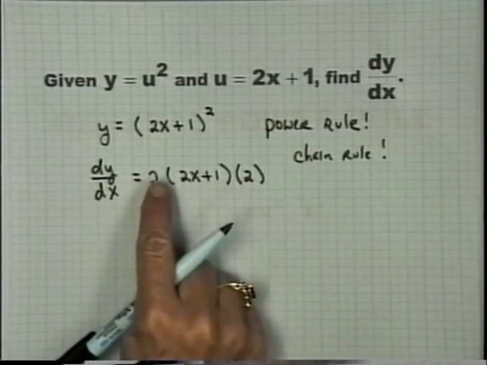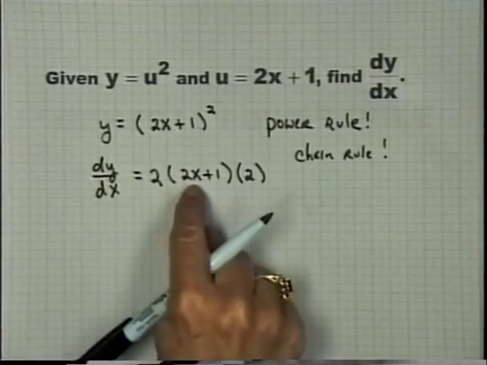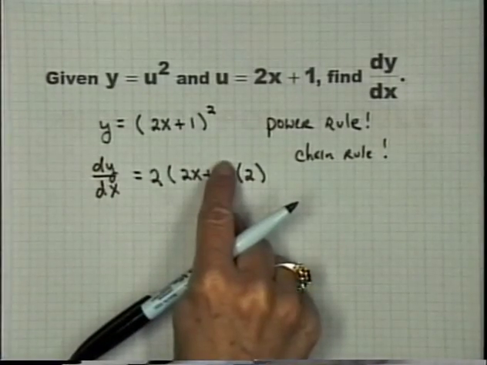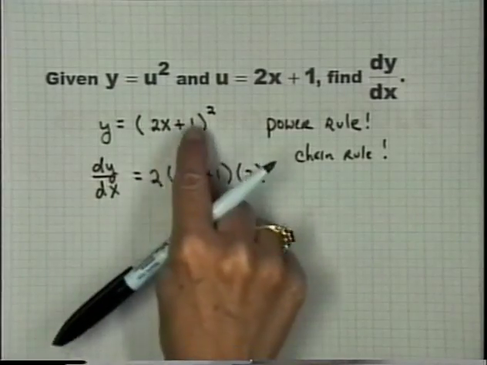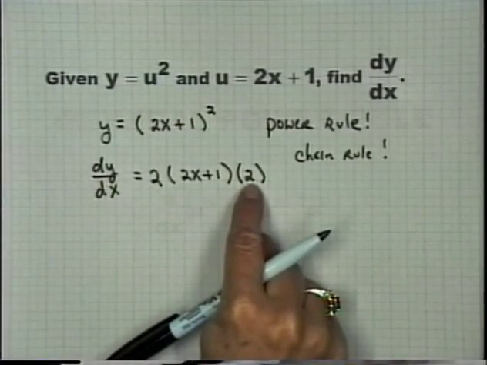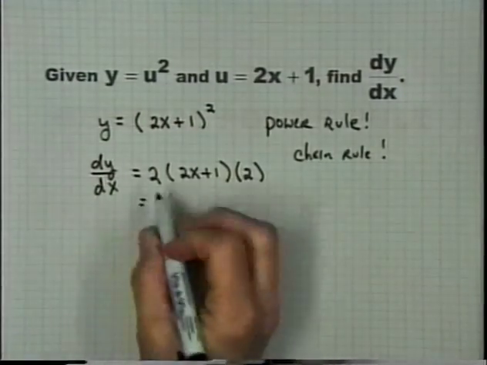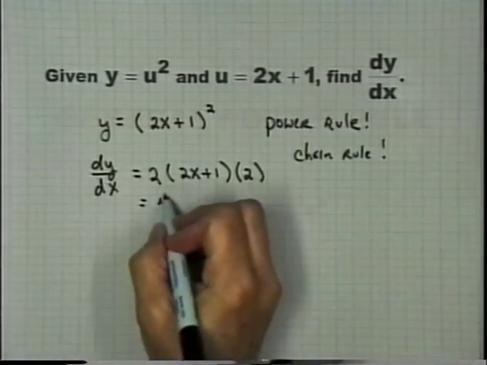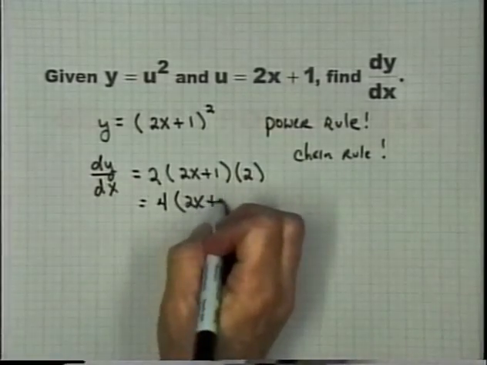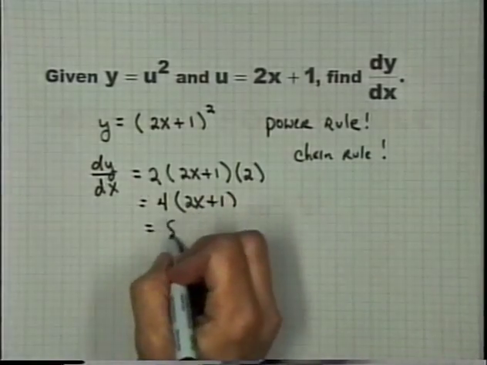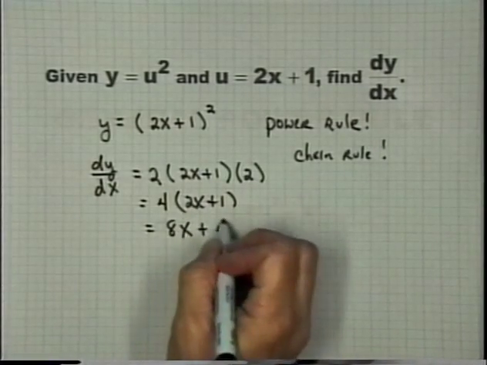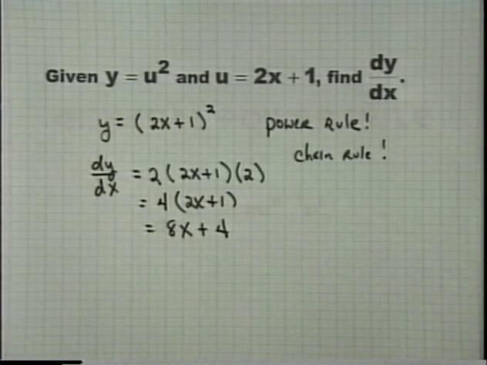So I did the power rule, the 2 came down, my function was reduced to power, and then I go inside and take the derivative of that inside function. Notice if we multiply this out, 2 times 2 is a 4, times the 2x plus 1 gives me the 8x plus 4, which is exactly the same answer that we had a while ago.